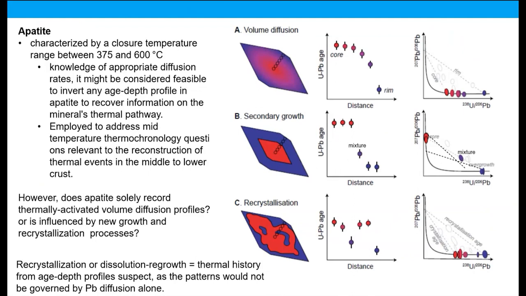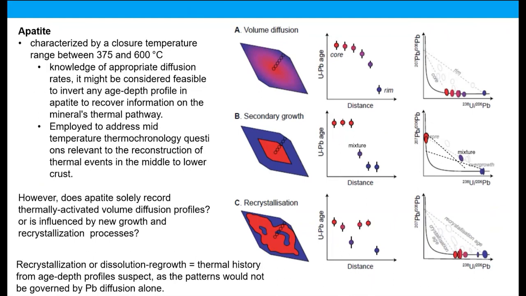And that is where we can use some of the apatite chemistry to help us distinguish between them. Traditionally, all apatite has been thought of as a mineral reflecting volume diffusion, that you can use to tell you about the lead isotope blocking temperature time point.